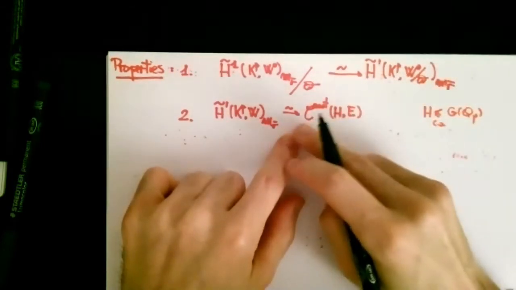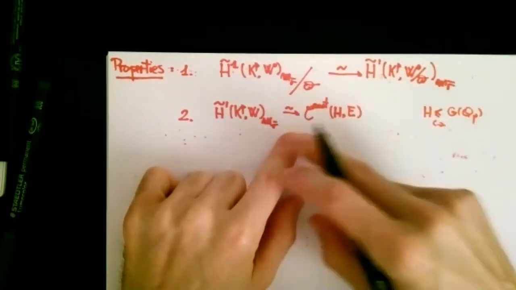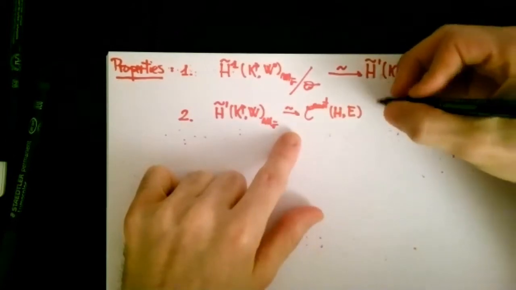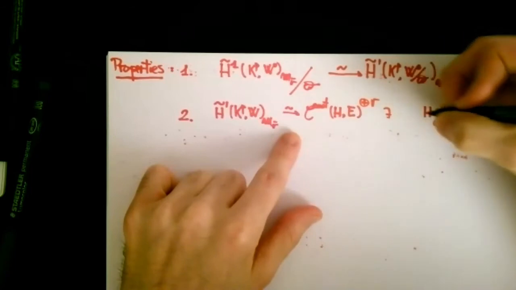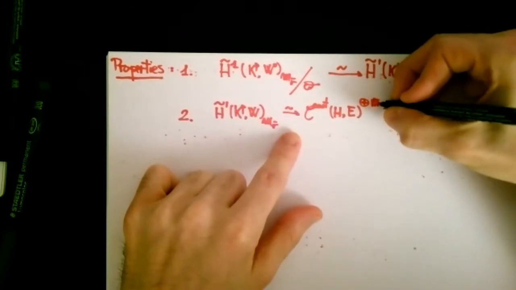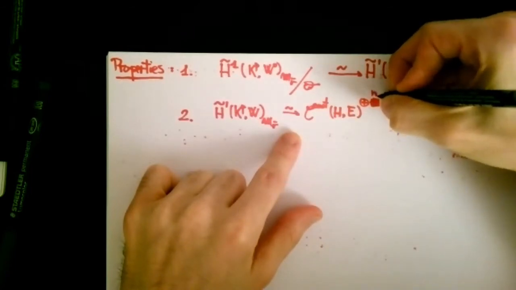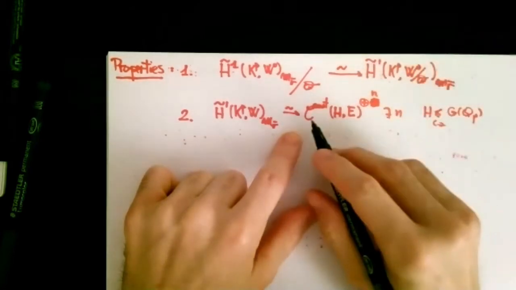This should be interpreted as a morphism as H representation. And here we have a direct sum for some N. So we have this isomorphism.